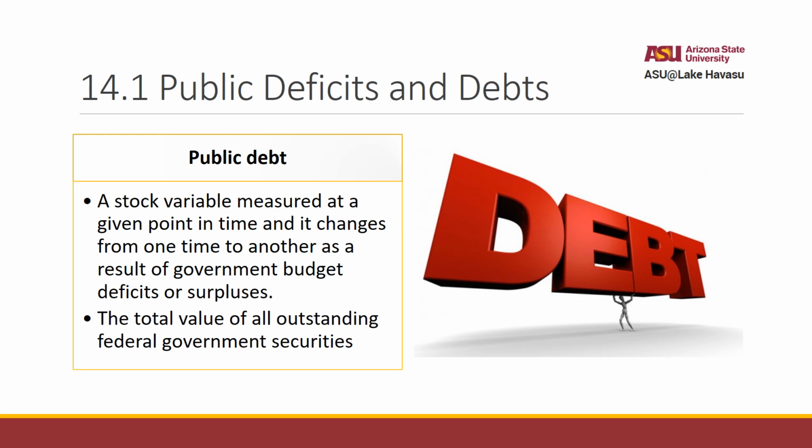The next aspect is public debt. You have earlier learned about the stock variable, which is measured at a given point in time and changes from one time to another as a result of government budget deficits or surpluses. The total value of all the outstanding federal government securities is the public debt.